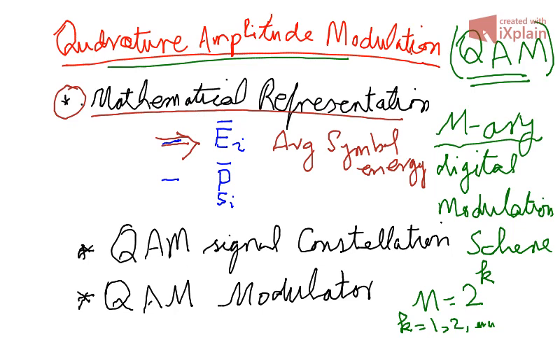We will see the expression to find this average symbol energy. Similarly, we will find the mathematical expression for the average power. So this is our average power. Once we find the energy, then we can easily find the average power of the signal.